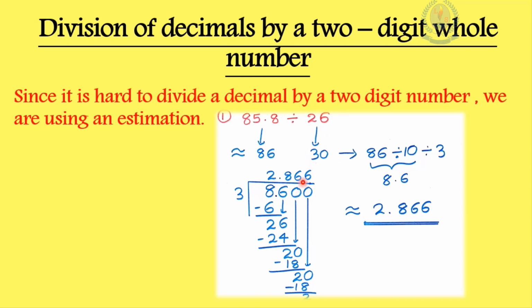So now we have to divide 86 by 30. That 30 means 10 times 3. So first of all we have to divide 86 by 10 and then the answer should be divided by 3, right? After dividing 86 by 10, 8.6 is coming, then we have to divide that 8.6 by 3, then the answer will be 2.866.